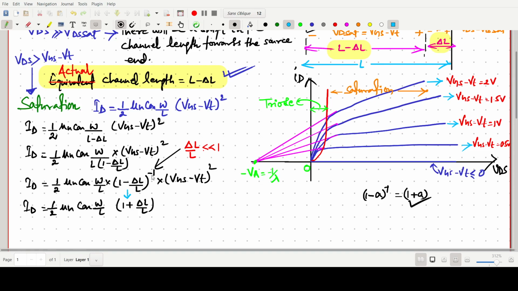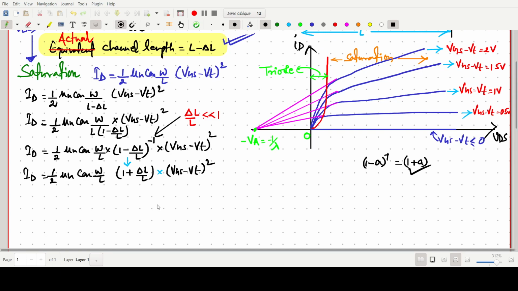So minus 1, so 1 minus of this minus 1 into delta L by L. So simply one can write 1 plus delta L by L, into (Vgs minus Vt) whole square. Okay, so this one is the expression.